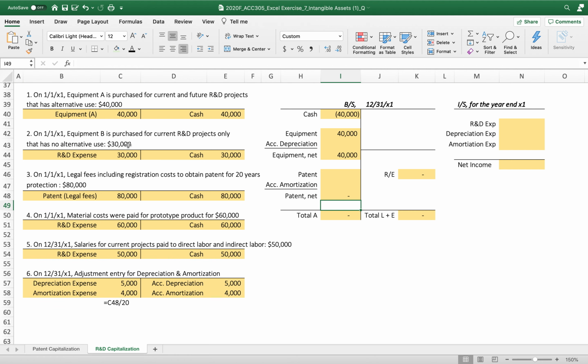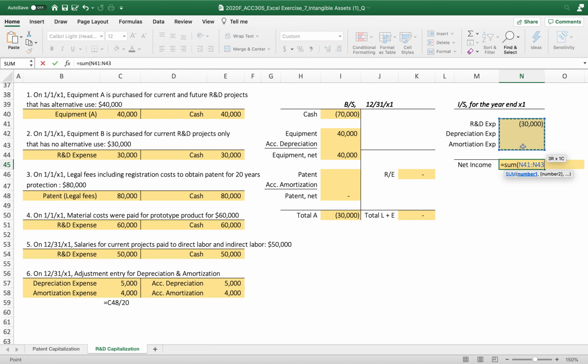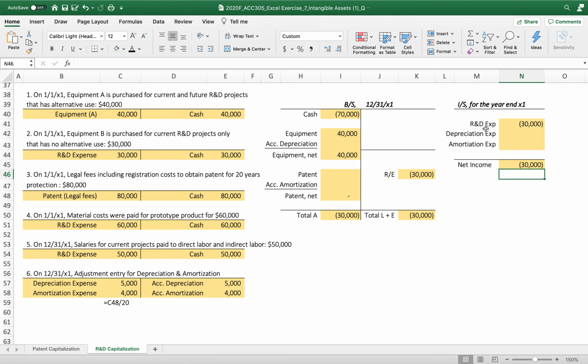Now equipment B is purchased for current R&D project only. Okay, that is R&D expense. We have to put the negative 30,000 and then cash out 30,000. Okay, I didn't finish this yet. That is the sum of these three expenses. Those are operating expenses: R&D expense, depreciation, and amortization expenses. So we matched out. Then number 3, legal fees including registration cost to obtain patent for 20 years.